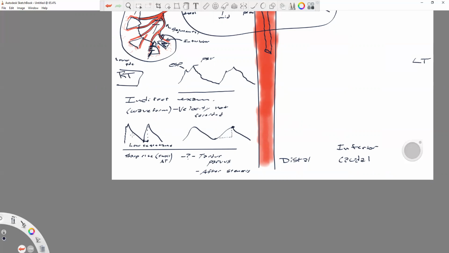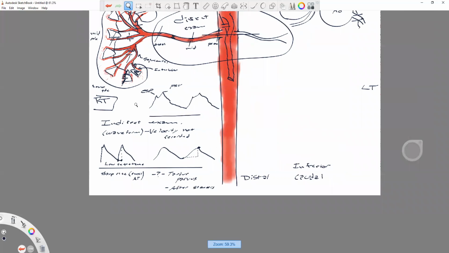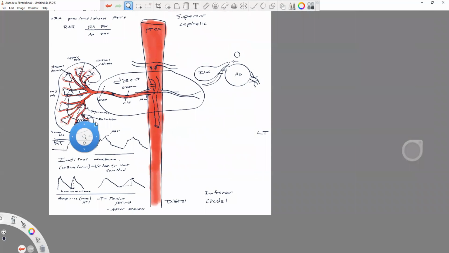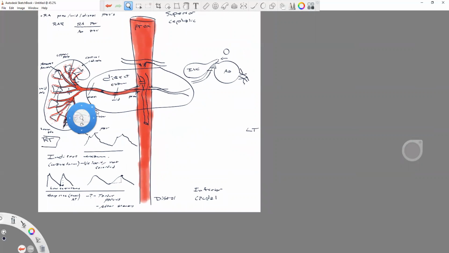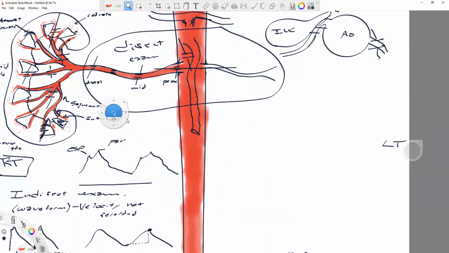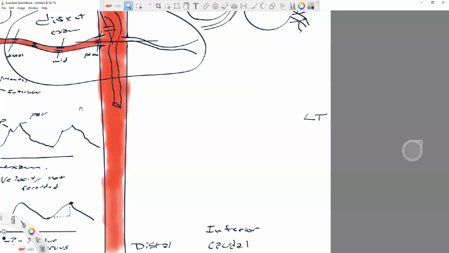But if you go up and down that kidney and all you find is sharp rise, small acceleration times, no indication of tardus parvus, then we know the first part of the exam is normal. So why we do this backwards is beyond me, but I don't know, maybe there's a reason that I'm not aware of, or maybe it's just a bad habit.